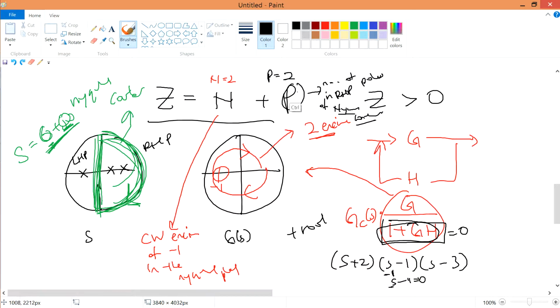So if you have 2 and 2 over here, you would know that, because we haven't solved for this yet, we haven't solved for how many zeros there are. P here is the number of poles in the right half plane of the Nyquist contour, which is this contour.